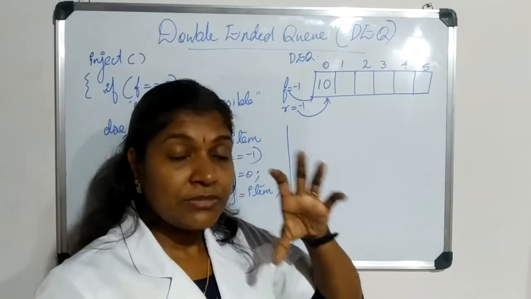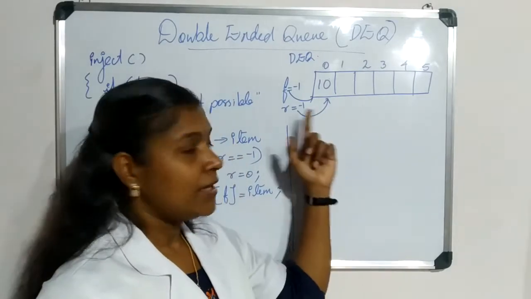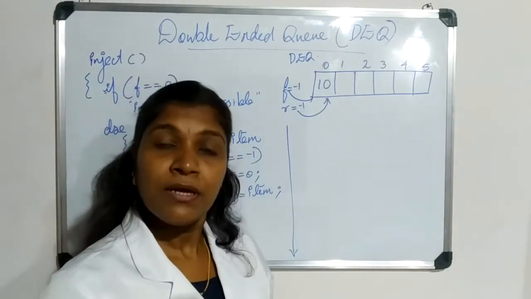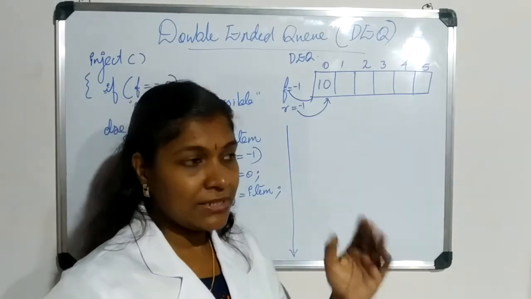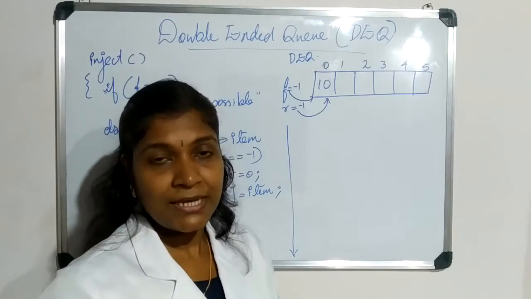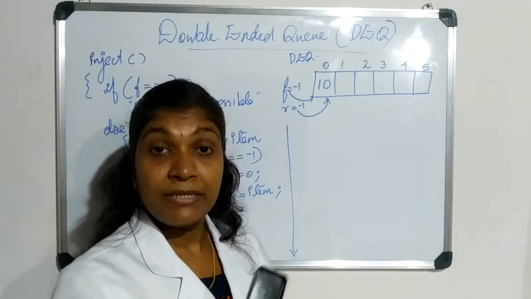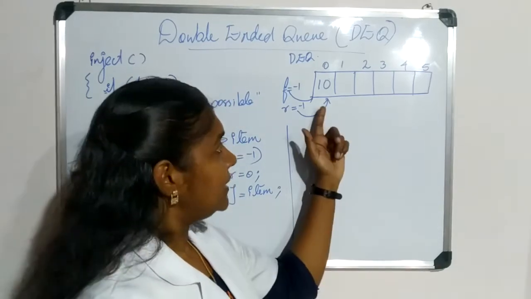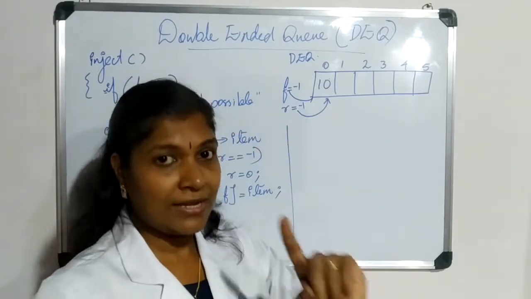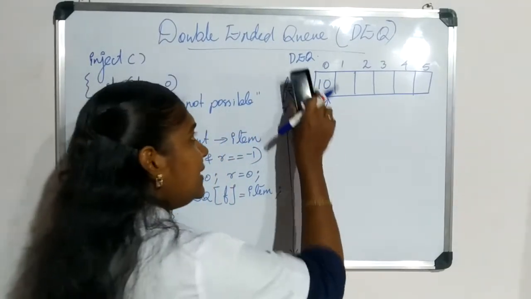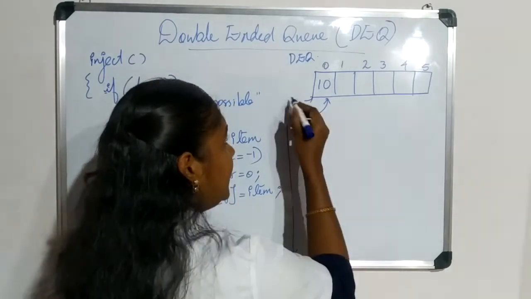Using the front variable itself, we are supposed to perform the insertion. Do you remember in our NQ operation, we perform Q of rear is equal to item? We always use Q of rear is equal to item, right? Because we needed to implement the concept that we are performing the insertion through the rear end. And here, remember that we are performing the insertion through which end? The front end.